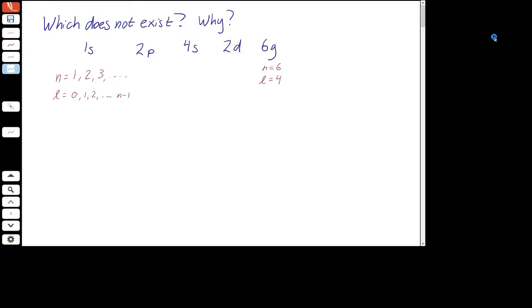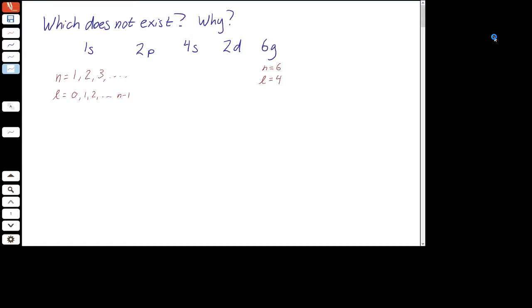Even though that isn't necessarily a physical reality, those still can exist, and that is still a valid way of describing the wave function, the probability of an electron. So that one is actually real.